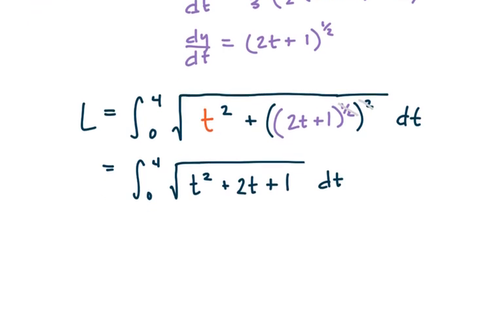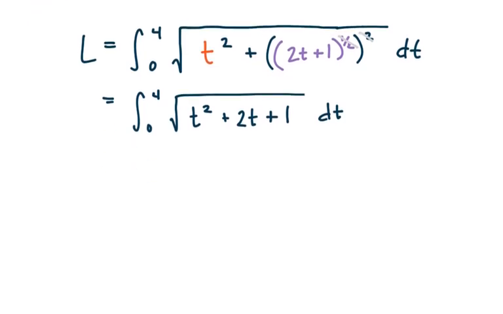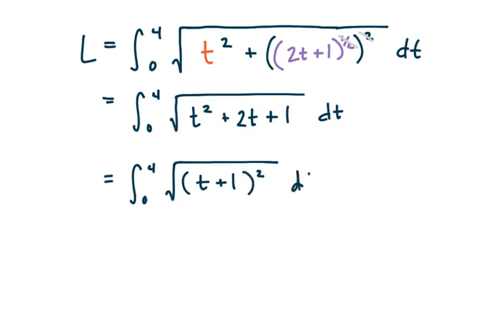Now, what we have under our radical here is a perfect square trinomial and could be re-represented as (t plus 1) quantity squared. So we see that the square cancels the square root or vice versa. This is the integral from 0 to 4 of t plus 1 integrated with respect to t.